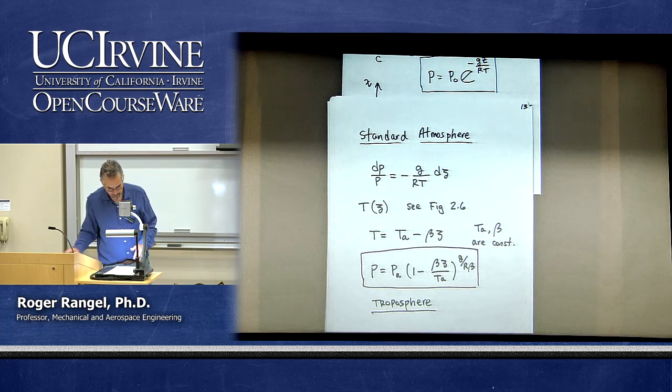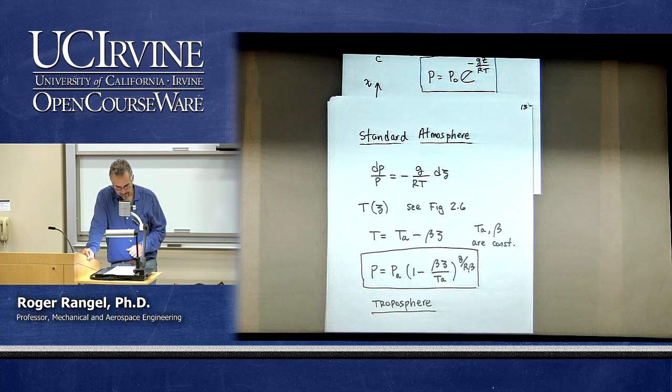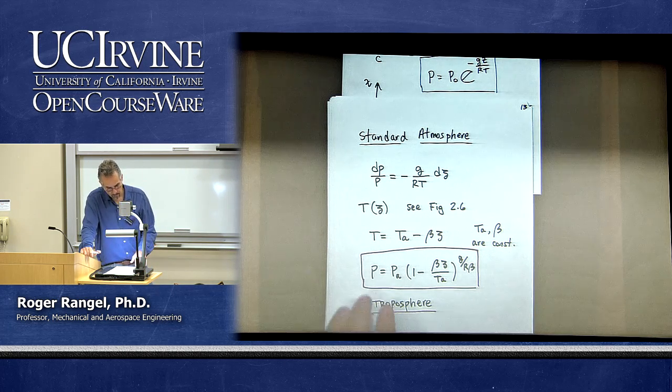I will leave that for you to do as an exercise. If you plug that in there and carry out the integration, this is what you get. So you get another expression for the pressure distribution from the ground level, which would be z equals 0, and that's when P is P sub A. And then as you go up.